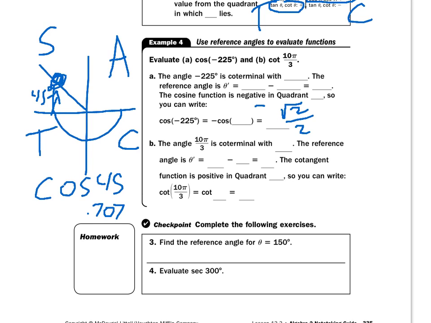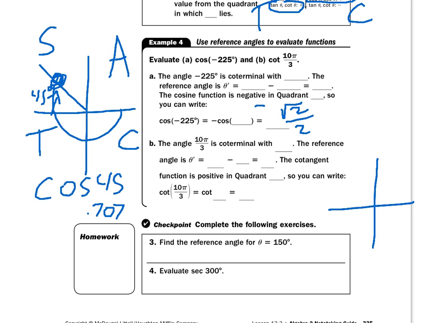And 10 pi over 3, the cotangent. Wow, that's a cotangent gets a little tough, doesn't it? The cotangent of, first of all, let's find 10 pi over 3. 1 pi over 3, 2 pi over 3, 3 pi over 3, 4, 5, 6 pi over 3. Oh, I messed that up. Hold on a minute. I was thinking of pi over 6. Let's try that again. Pi over 3 is like 60 degrees. So let's do that again.